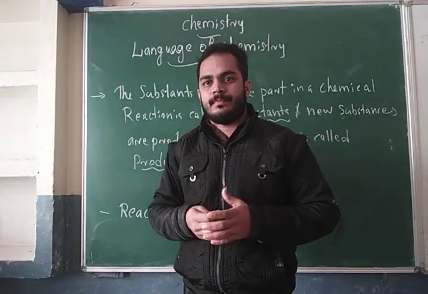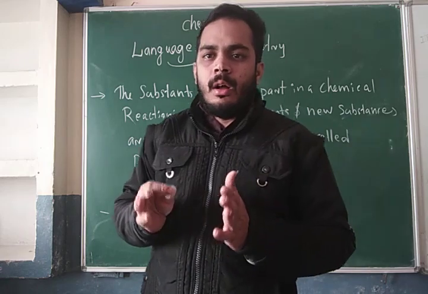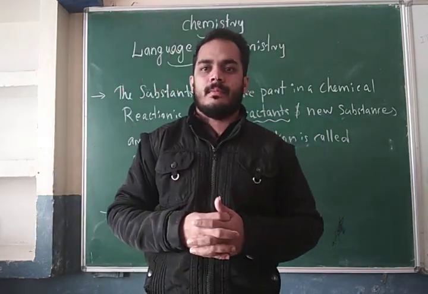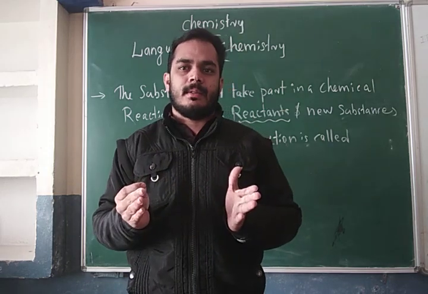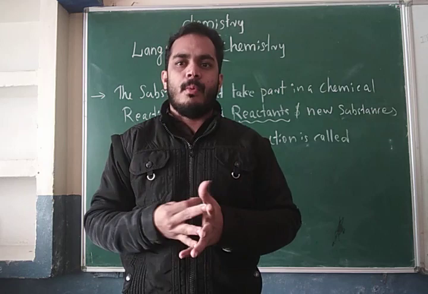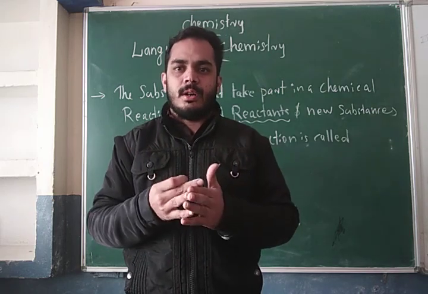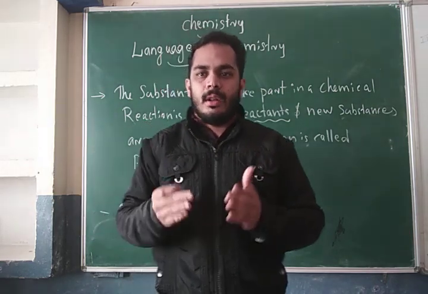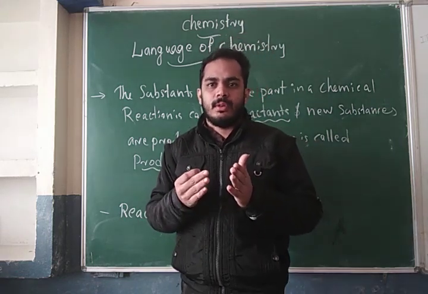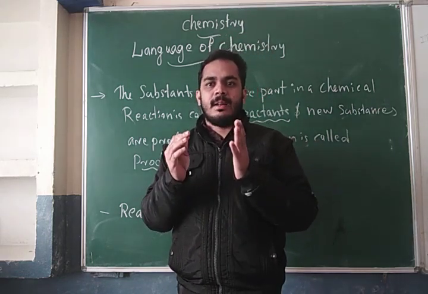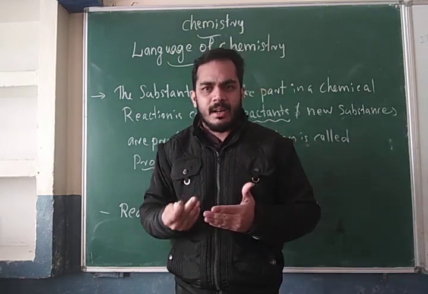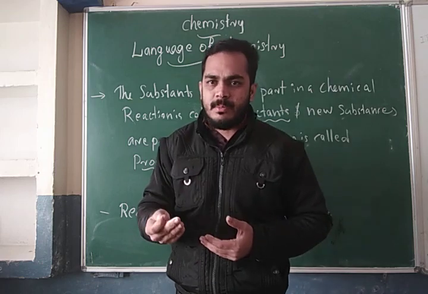And the next one, the substance that takes part in the chemical reaction. Different elements or different compounds react together to form a new product. In our chemistry we use different words, called reactants and products. What is meant by reactants and what is meant by products?